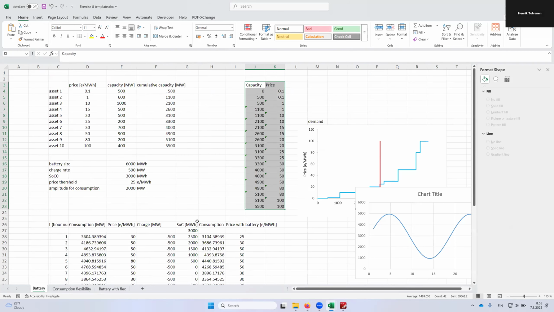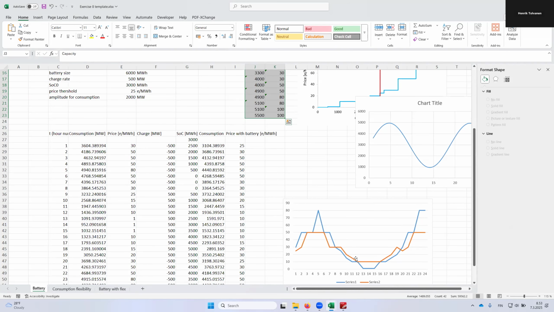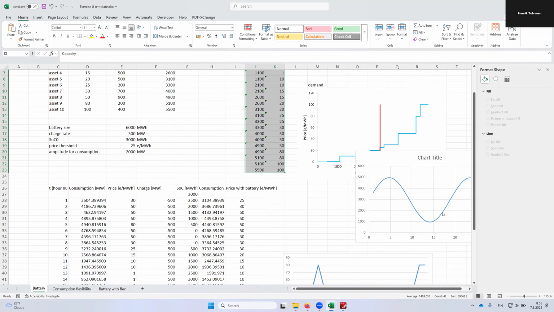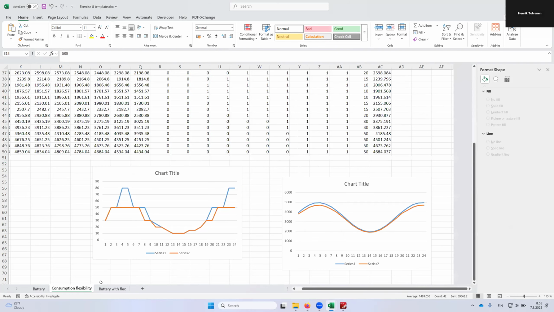In this battery case, the system could increase the consumption during this low level of demand, where there was a smaller price. So you can cut the peaks and fill in the valleys. In here, you're only decreasing the consumption because it's too expensive.